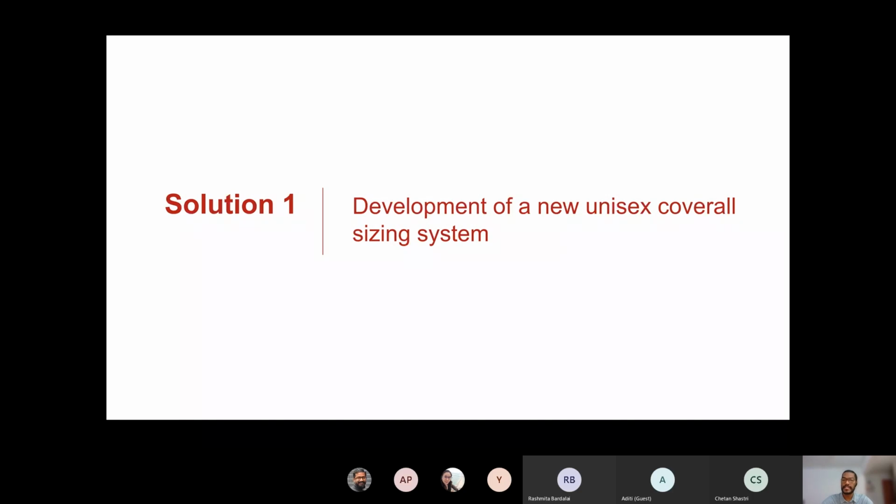Why the need to get into this direction was because in order to improve any kind of an intervention looking into improving their fit or mobility or their dissatisfaction with the coverall sizing, the existing coverall fit and sizing is largely dependent on correcting the existing sizing system. Once you have a proper sizing system, you can always add design features to it to add more features or value to the overall design.